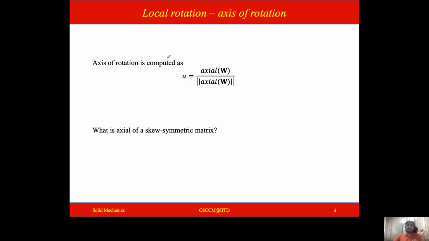The axis of rotation is computed as axial of W divided by the magnitude of axial of W. So as we just wrote, A, which is the axis of rotation, is axial of W divided by the magnitude of axial of W. Now what is this sign?